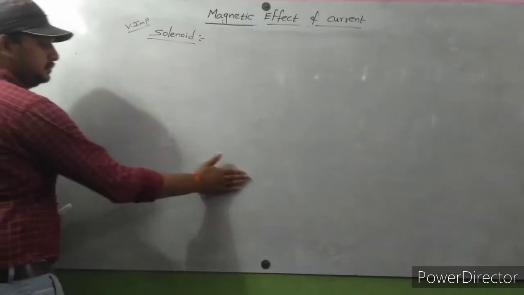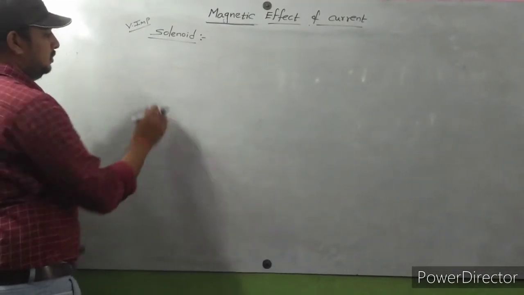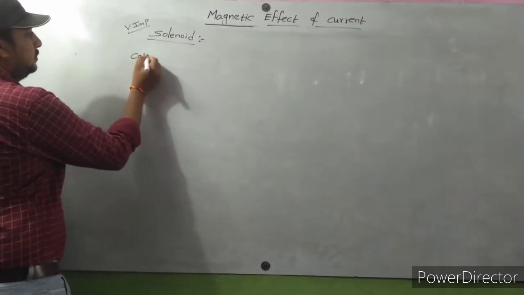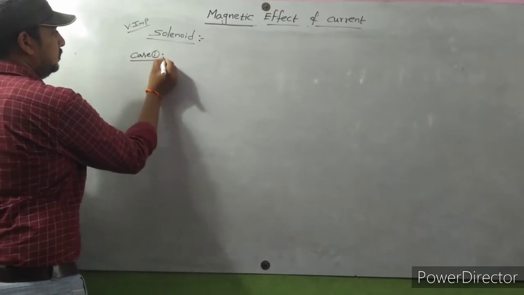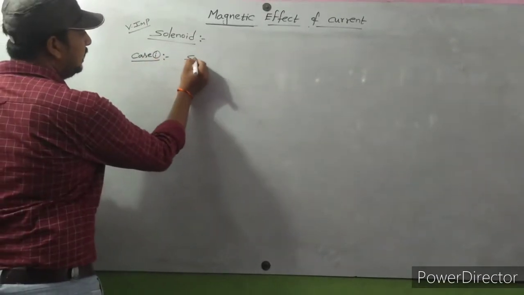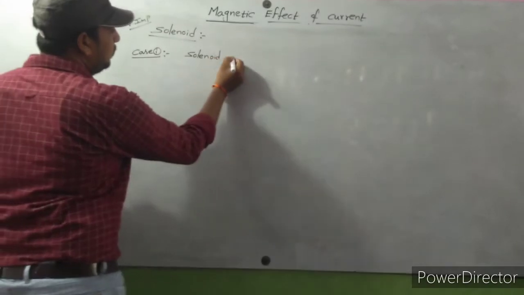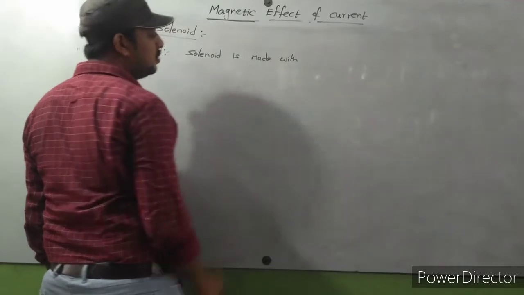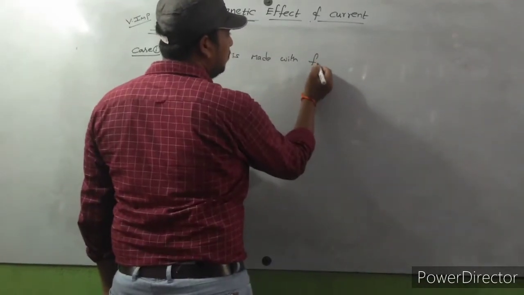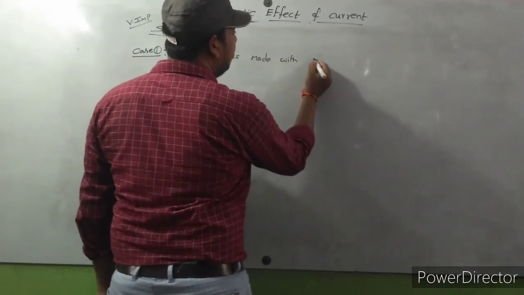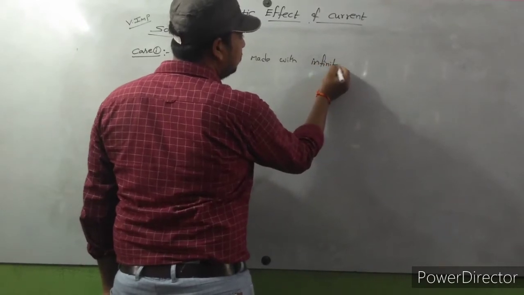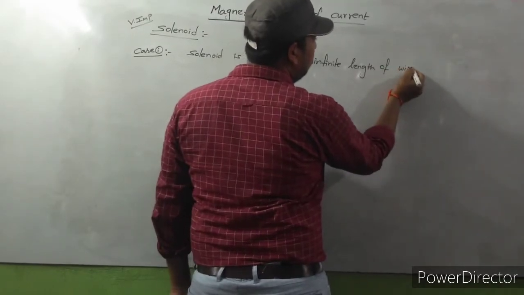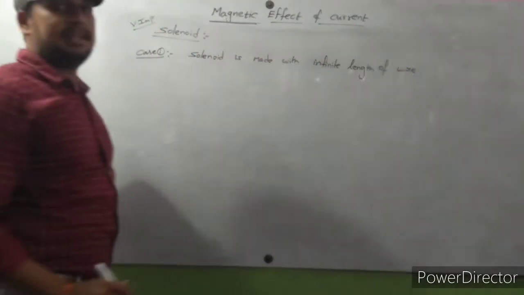So here, case 1: the solenoid is made with an infinite length of wire.